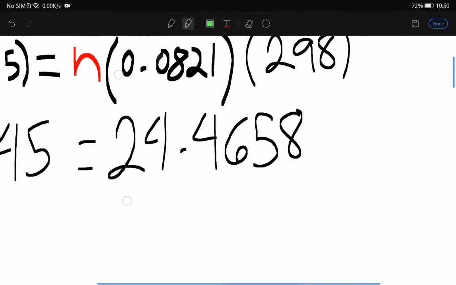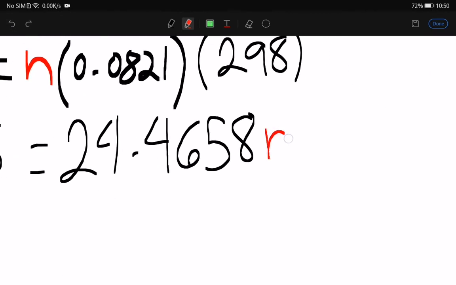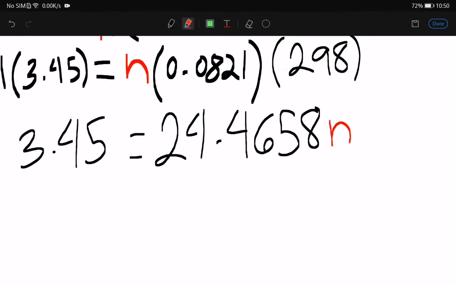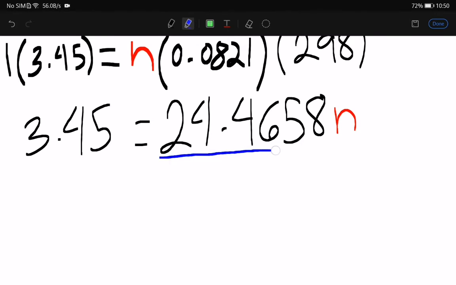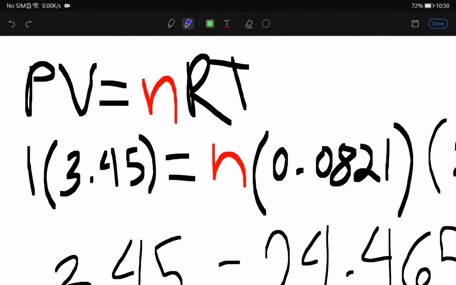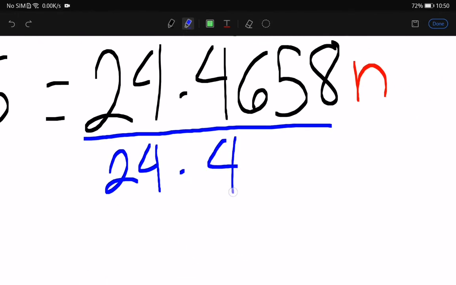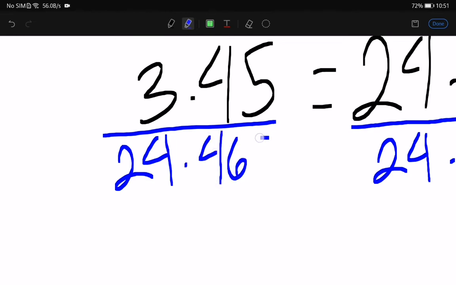And then yung N dito, because we also multiply that by N. This is your N. Okay. And now what you want to do is divide both sides by this value, 24.4658, to find the number of moles.